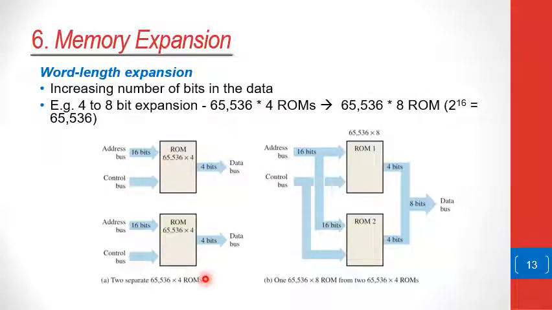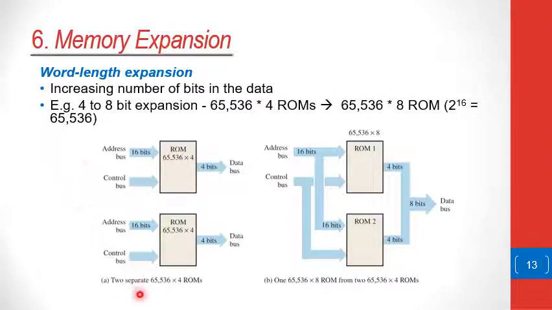The way, of course, we normally refer to this is taking a single 64K by 4 ROM, or in fact 2 64K by 4 ROMs, and then converting them to a single 64K by 8 ROM.